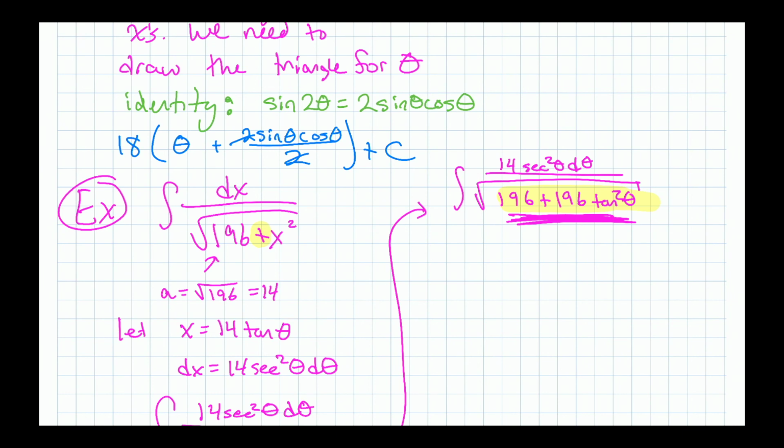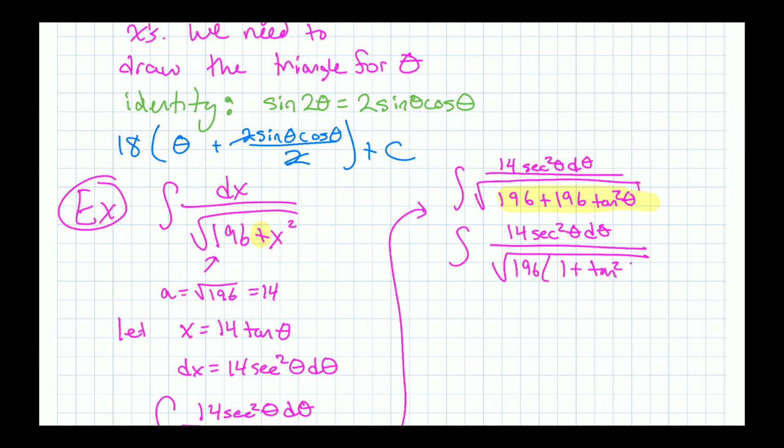So even though you have already seen on numerous occasions that I cannot remember trig identities, I know what the trig identity is here. Factor out the 196 and you have 1 plus tangent squared theta.